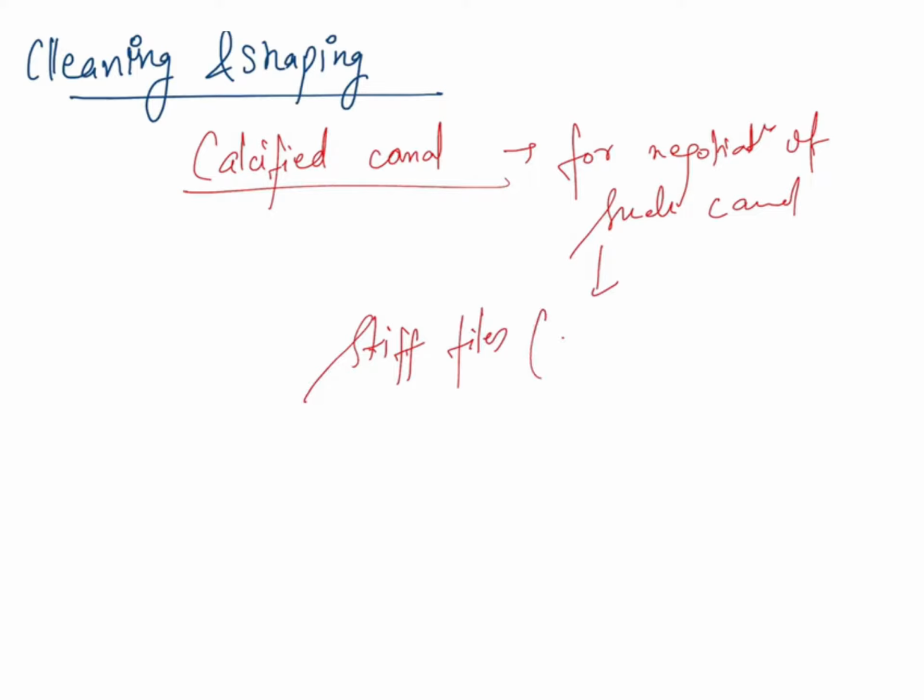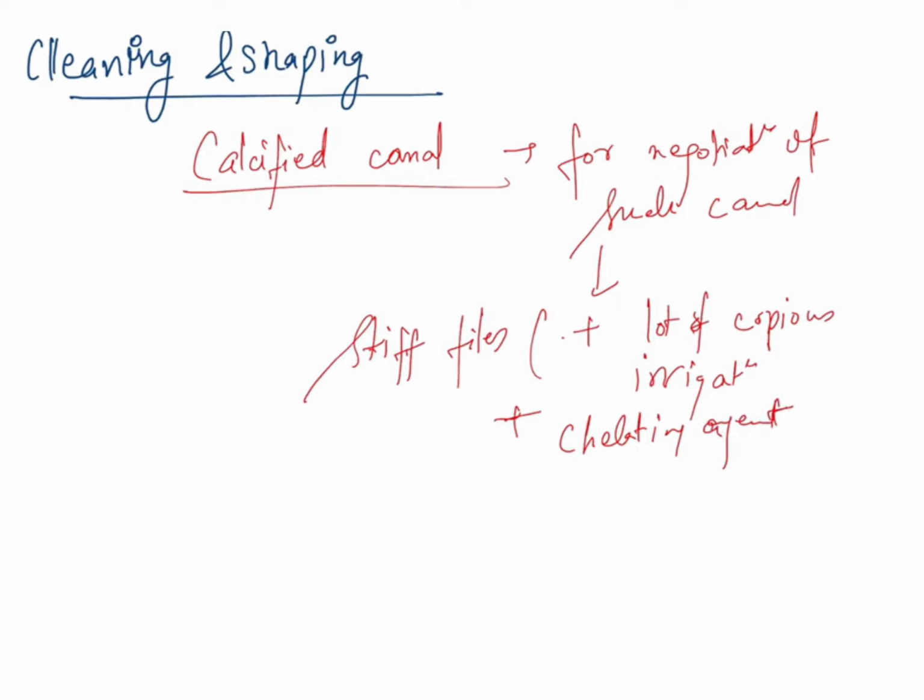Flexural strength should be great in these files, plus copious irrigation, plus a chelating agent. A chelating agent is a must here. With the help of those, this canal can be negotiated.